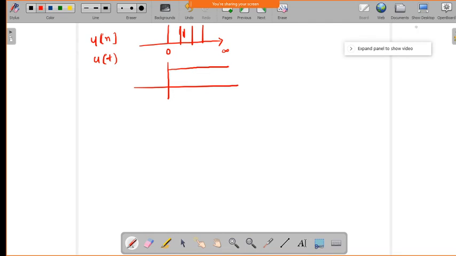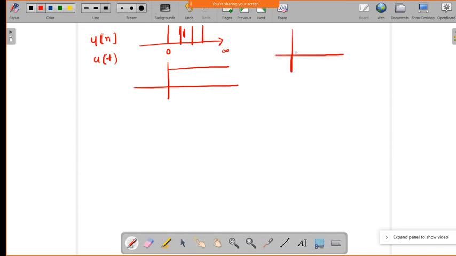Okay. In a similar way, we have defined the ramp function also, that is r of t, which is equal to t when t is between 0 to infinity, and 0 otherwise.